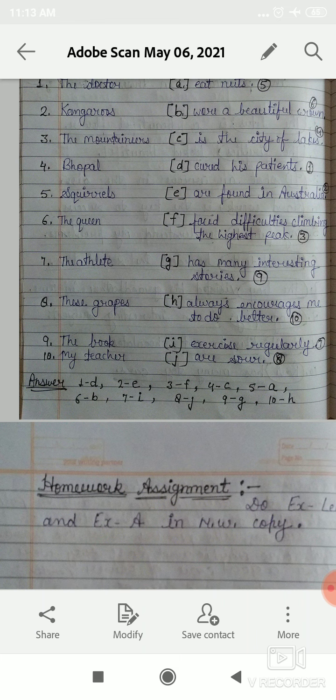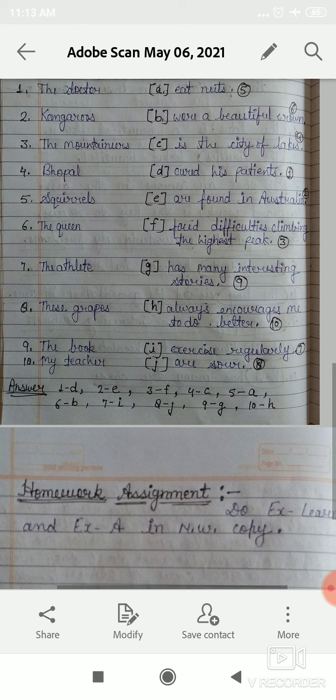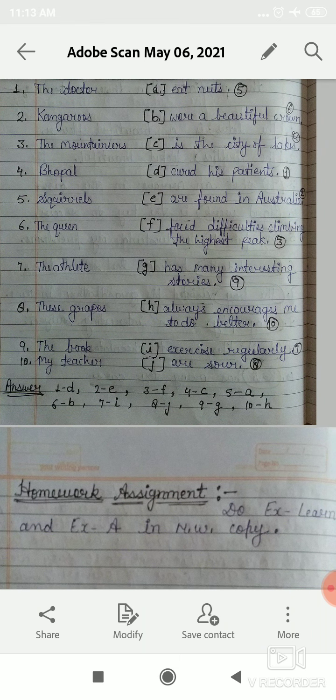Number 9 is the book. Okay, so students, tell me which predicate will match number 9, the book. Okay, so here option number G will match with number 9. The book has many interesting stories. Okay, so number 9 will match with option number G, that is has many interesting stories.